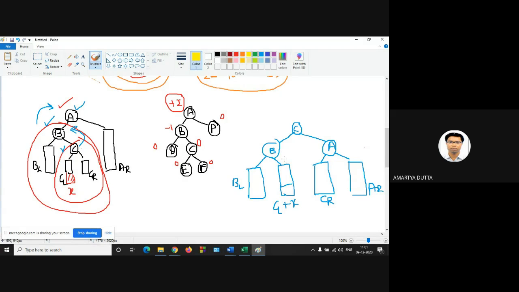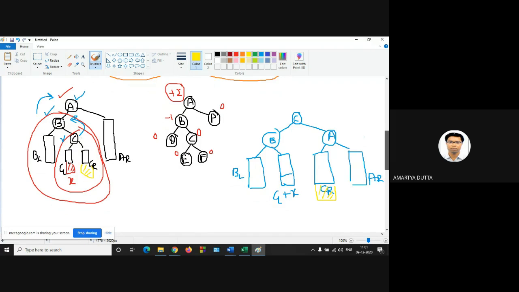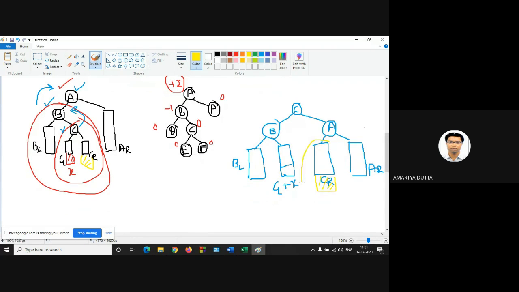So if you add x in the CR, then AL will be CR plus X. This entire thing is your AL. Okay, is it clear?